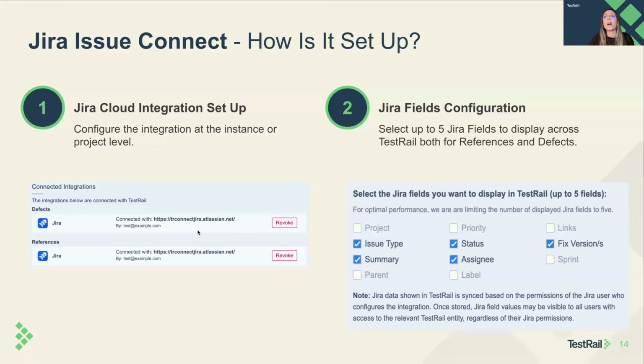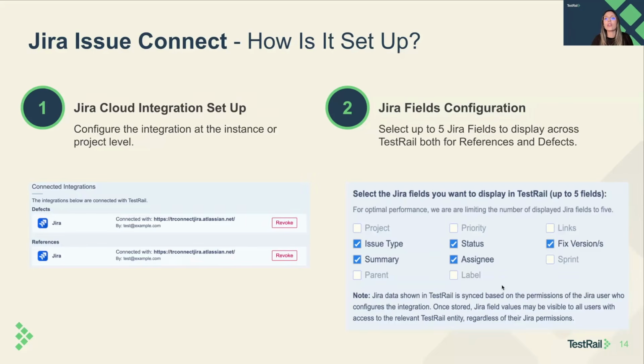Also a question: why the limit to just 5 fields with TestRail 10.0? The current integration allows 9, I think, Jira fields. We will be syncing with the 11 fields that we showed here previously, and I can go back real quick on the screen sharing. All of these will be available to sync.